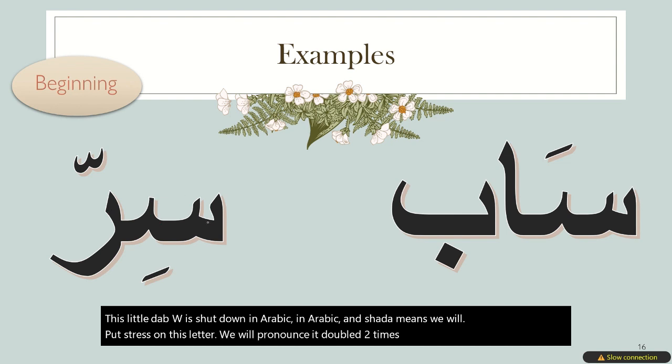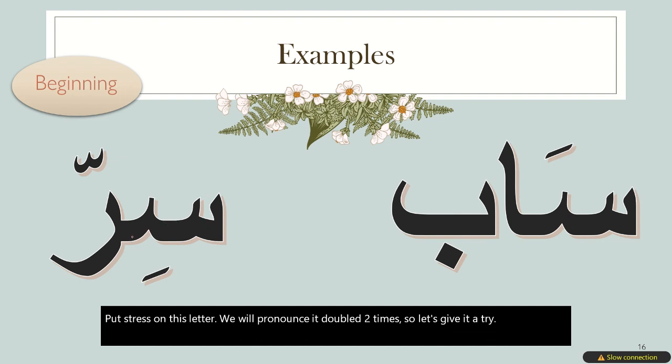So let's give it a try. Sir, sir. We pronounce ra 2 times. Sir means secret in Arabic.